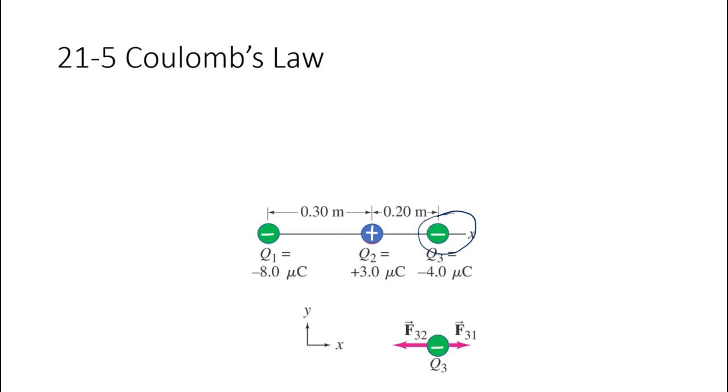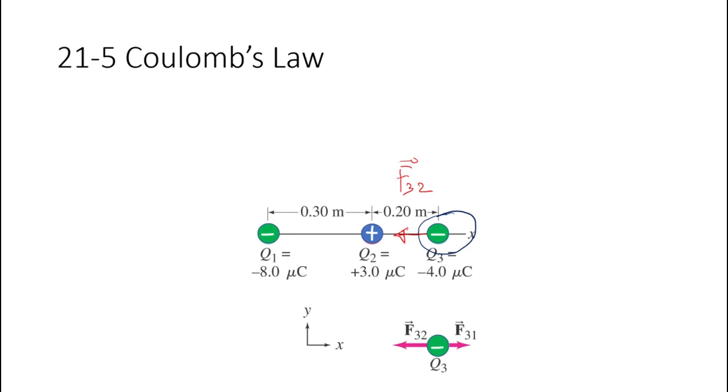How many charges are around the charge 3? Q2 and Q1. Q2 is pulling it. Let me put it in red. Q2 is pulling it. This is how I write it. Who receives the force? 3. Who applies it? 2. Then I write it like that in red color. For Q1, what does it do to Q3?